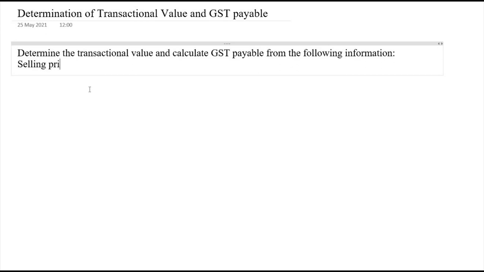Selling price of a product, exclusive of GST, is rupees 38,000.